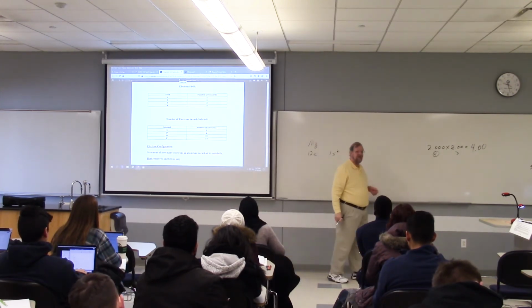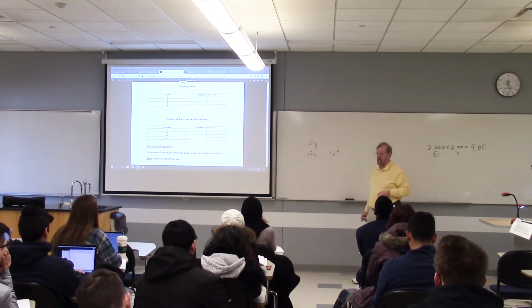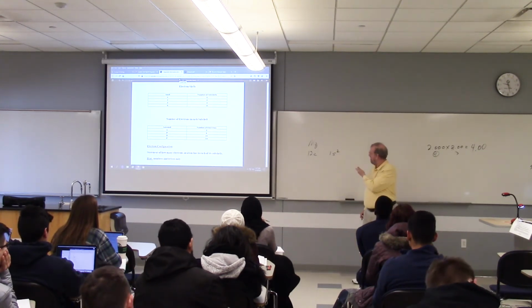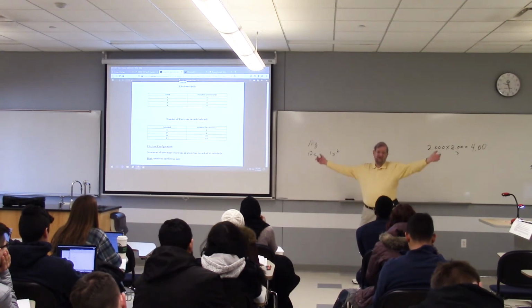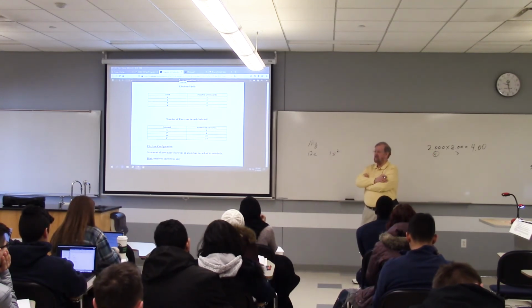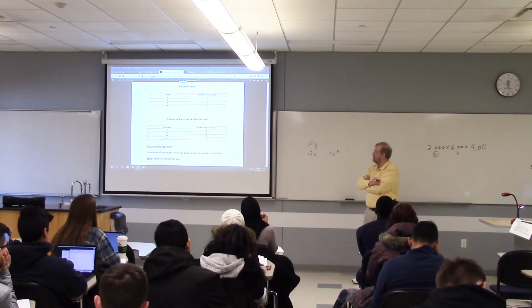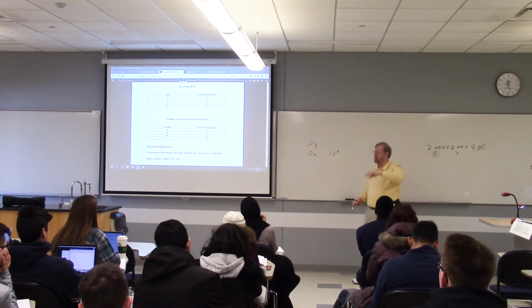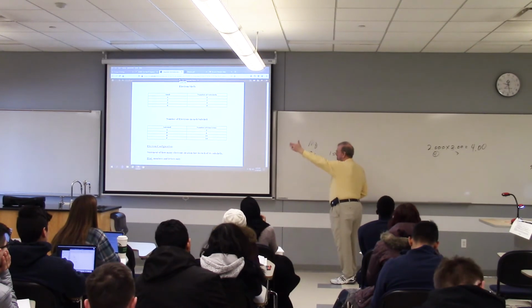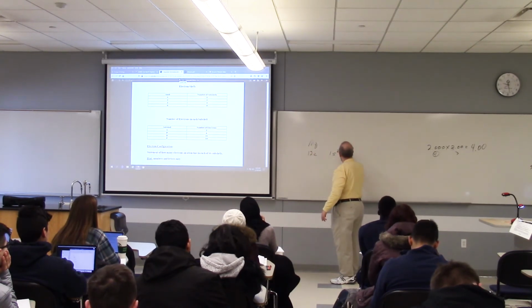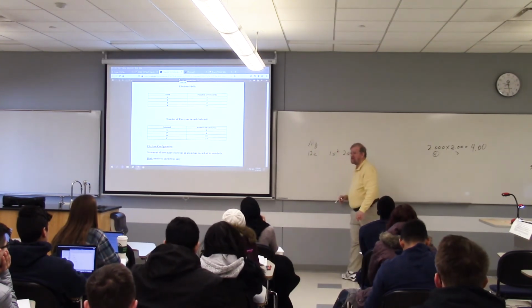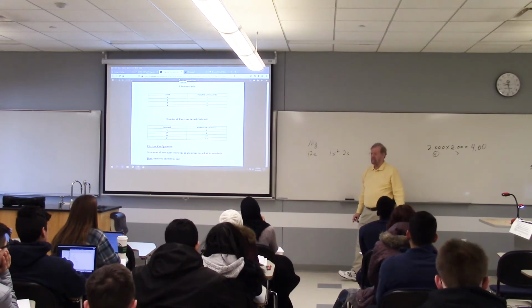Now, how many subshells does shell 1 have? 1. I filled it up. Well, I have nowhere to put any more electrons in shell 1, so now I go to the next lowest energy level, which is shell 2. And the first subshell of shell 2 is 2s. I look at that and say, how many electrons can I put into it?